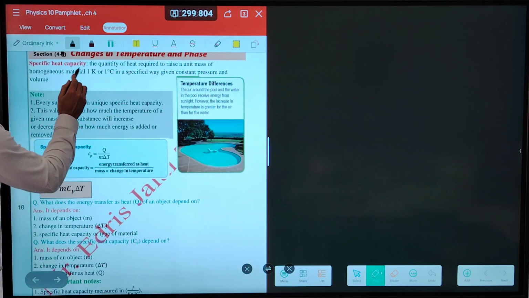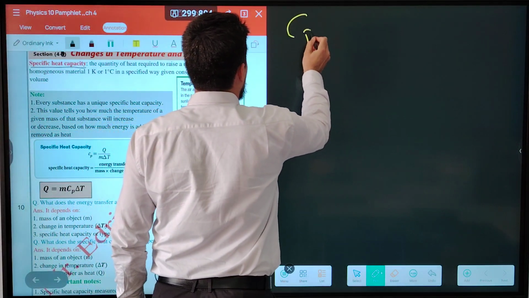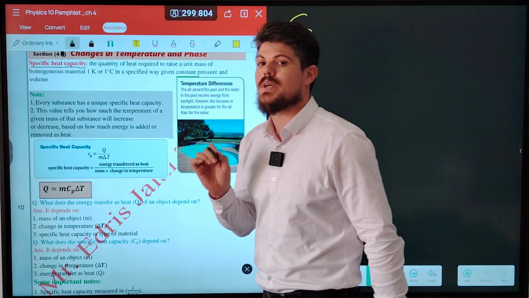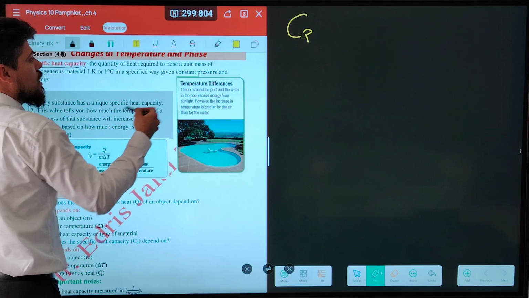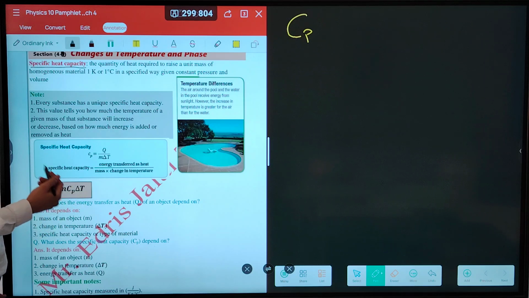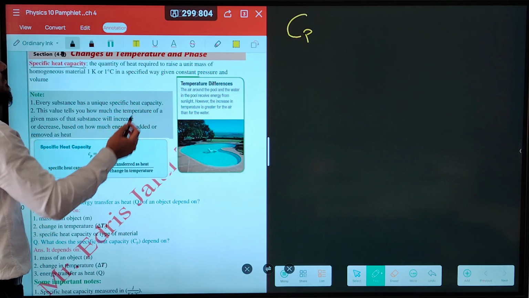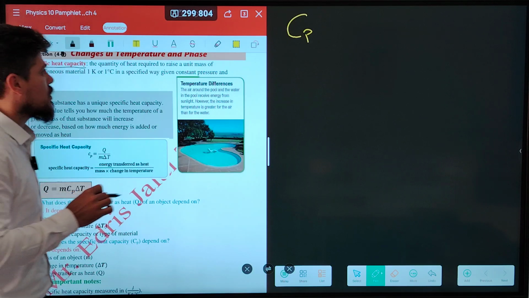First of all, we have the definition of specific heat capacity, Cp. What is the specific heat capacity? The quantity of heat required to raise a unit of mass of a homogeneous material by 1 Kelvin or 1 Celsius, at constant pressure and volume.